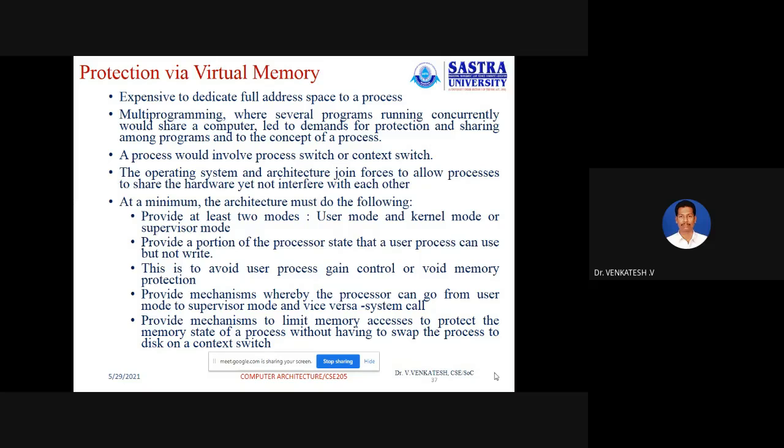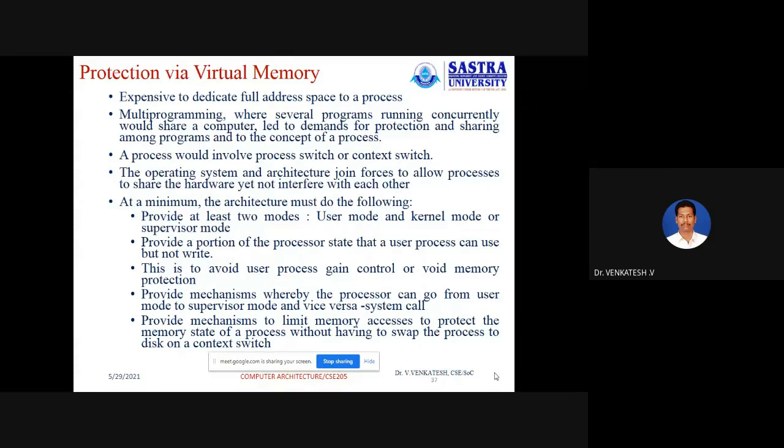So I have some portion of memory I can use for my process. I will read some information from the main memory that I want to utilize, but I should not update any information to that main memory. So I can read and utilize it. That is going to be called a portion of memory that can be read, but cannot be written.